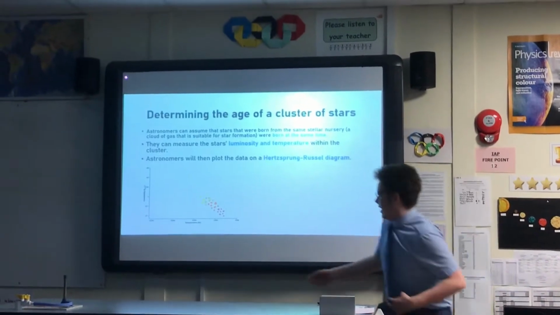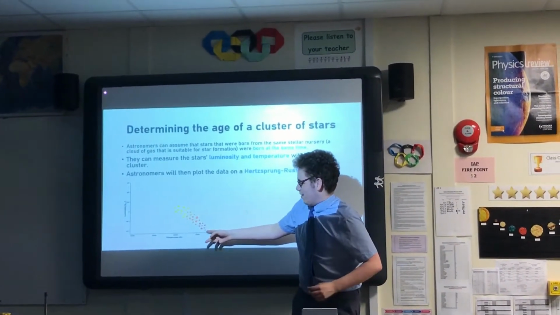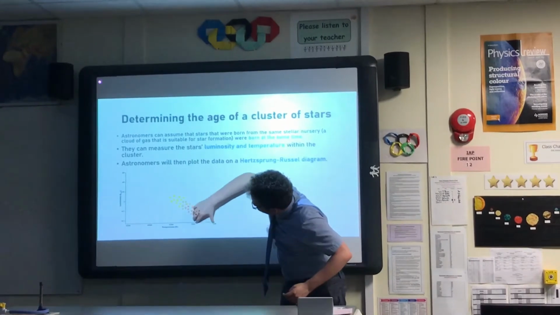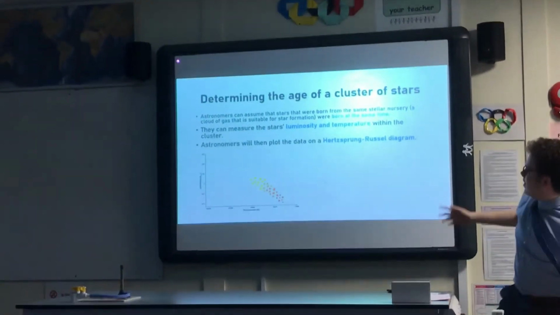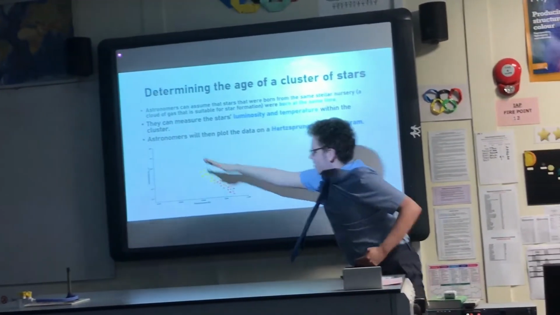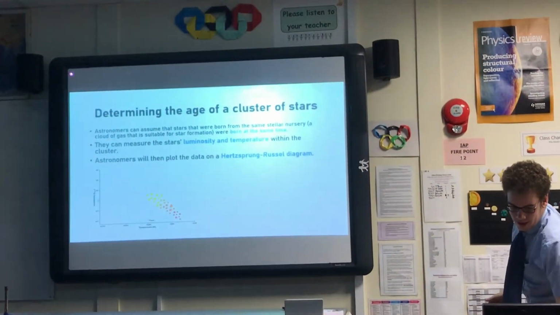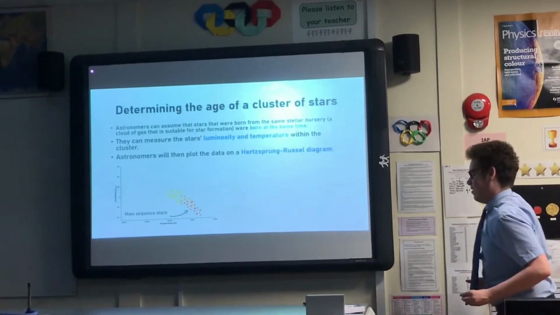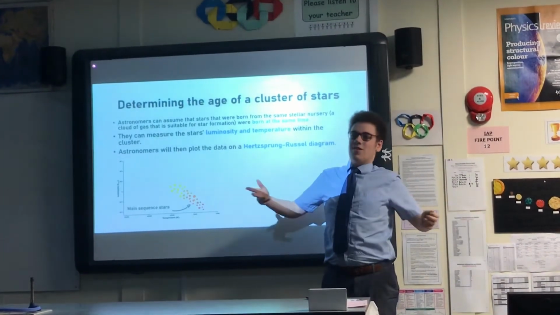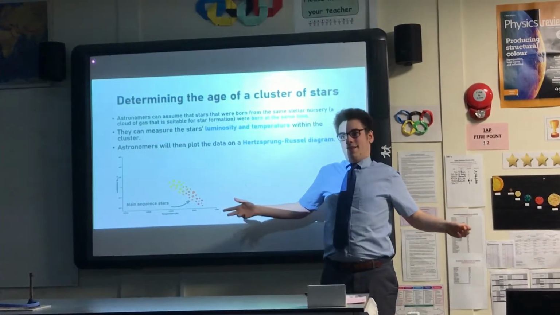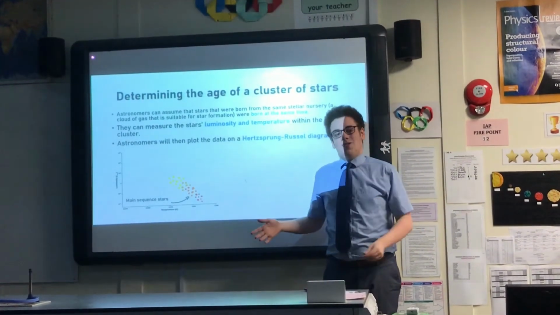We find some kind of trend, following the trend right here. It's going up like that, and these stars are called main sequence stars. Main sequence stars are in the longest stage of their existence, converting hydrogen into helium.